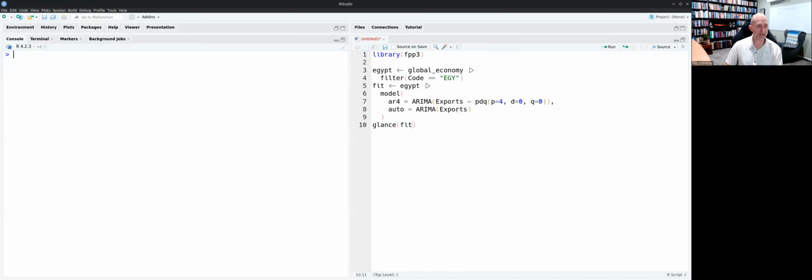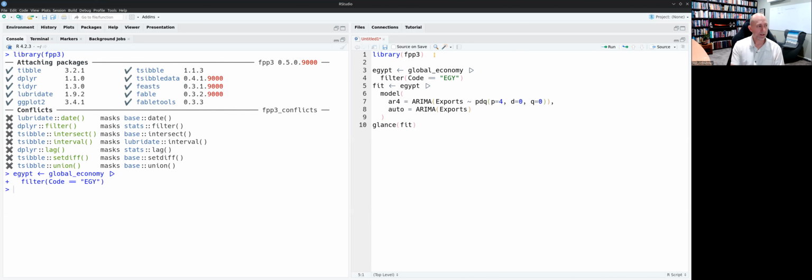If we go to R and see how well those models fit, let's have a look. So we take the Egyptian data, and I'm going to fit these two models, AR4 and the one that's automatically chosen. I fit an AR4 model by just saying p equals 4, d equals 0, q equals 0. So that's fitting an AR4 model, or an ARIMA 400 model.